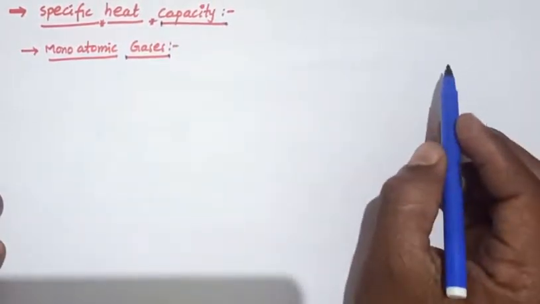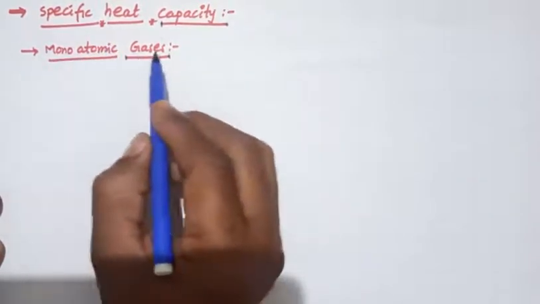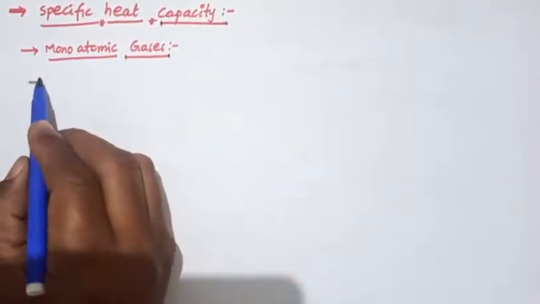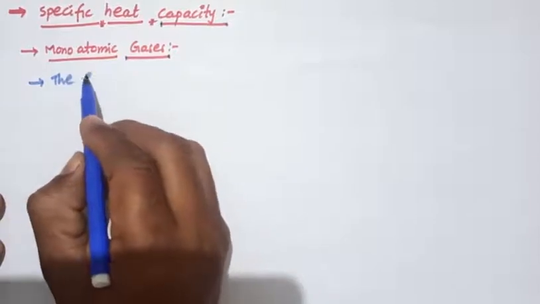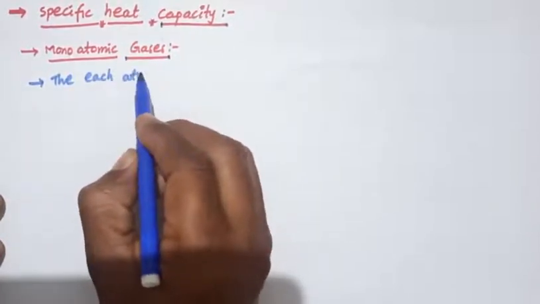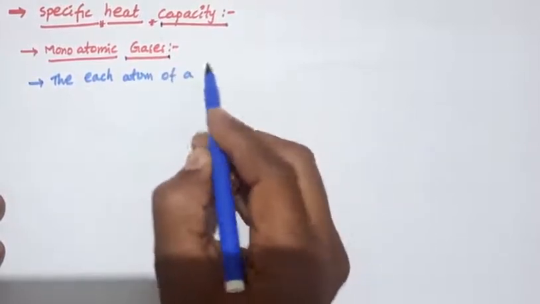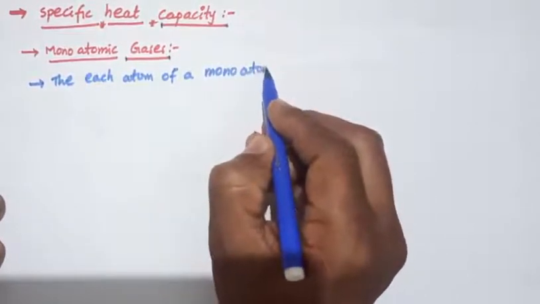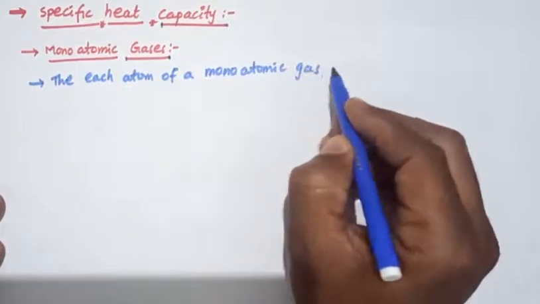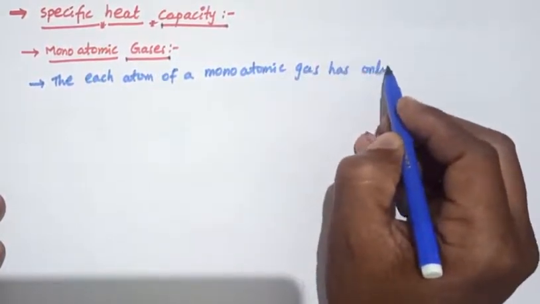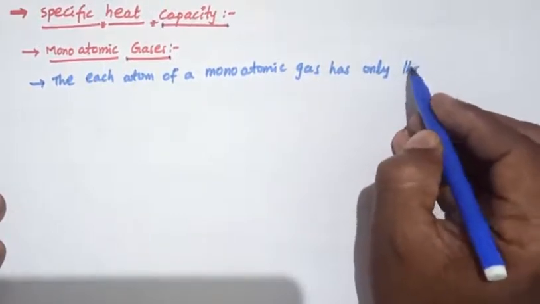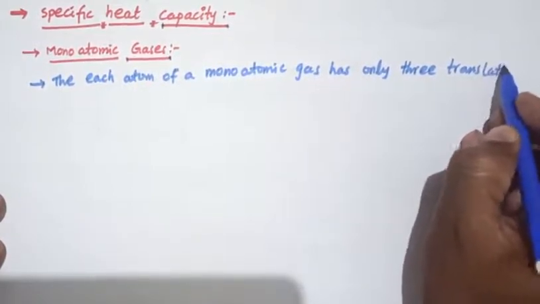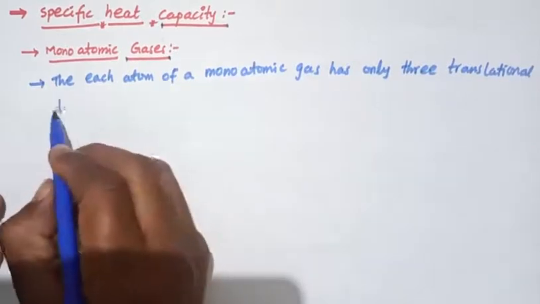Here we consider the monoatomic gases. In monoatomic gases, each atom of a monoatomic gas has only three translational degrees of freedom.